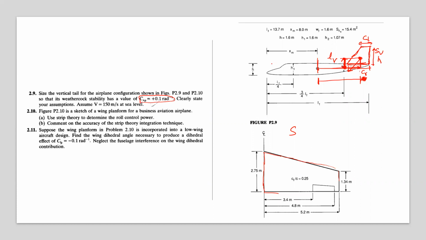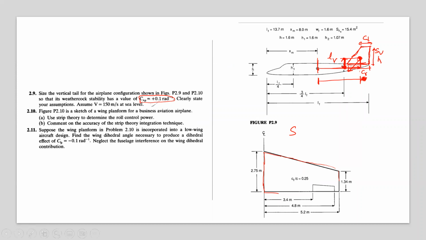Om, do you have any idea why this length, not LV, but this particular length, the vertical distance of the aerodynamic center of the vertical tail from the CG, will provide you roll moment? I'll show you how. Can't recollect. All right.